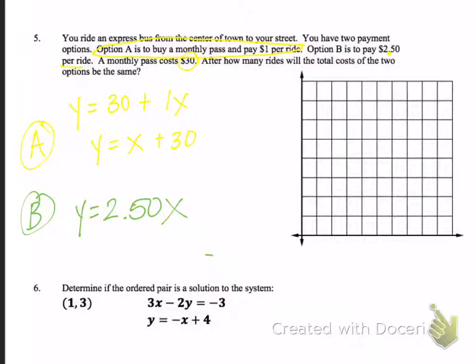So I'm going to graph these, and my suggestion, since I've already worked this problem out, is to count by 5s on the x-axis and then count by 10s on the y-axis. So I'm going to graph both of them.